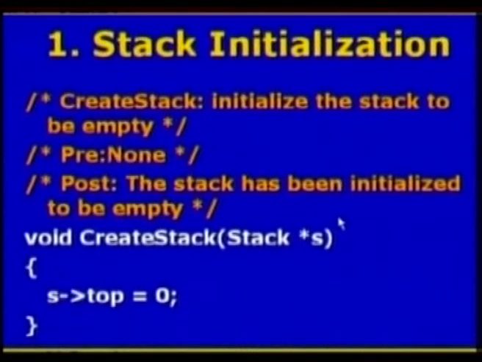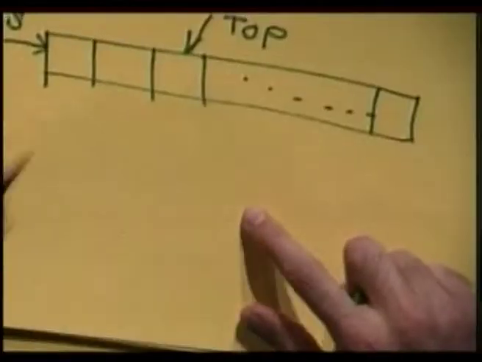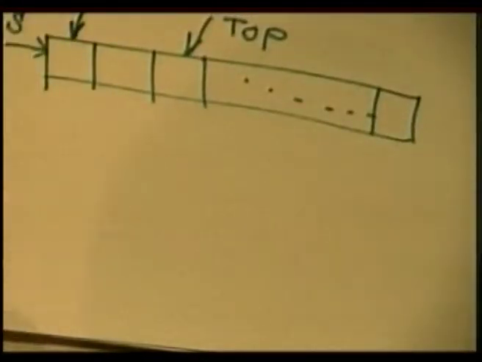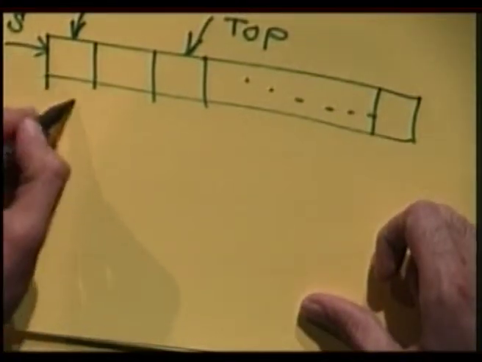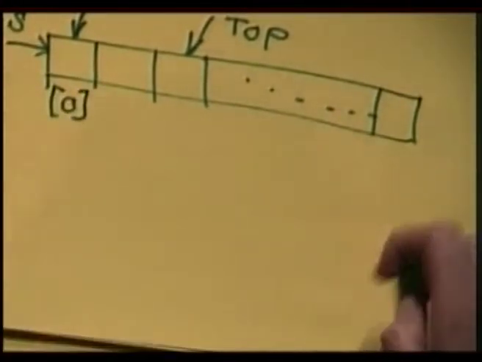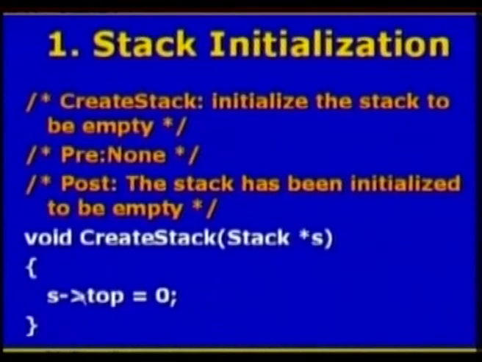And basically, all it does to initialize it is make top of stack point here. That means simply there are no entries in the stack. So it's pointing to entry number 0 in the stack. So basically, make S arrow top point to 0. And that's all it does.